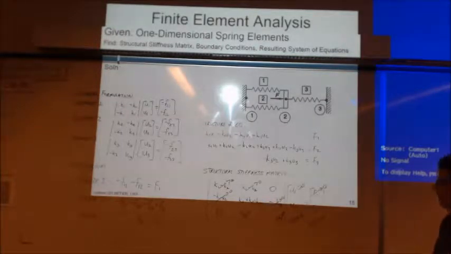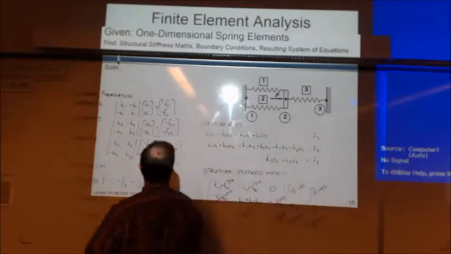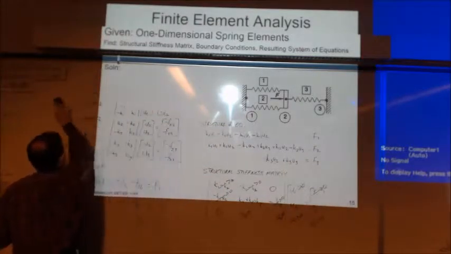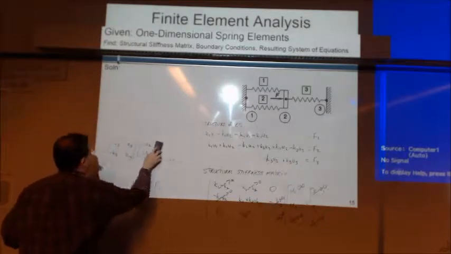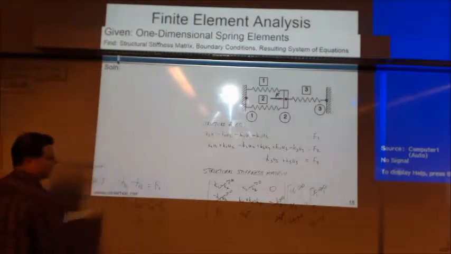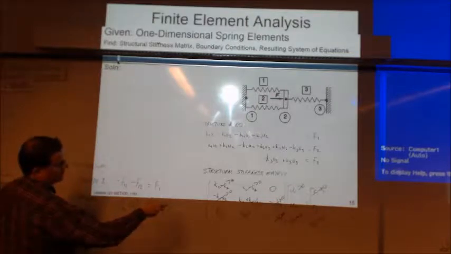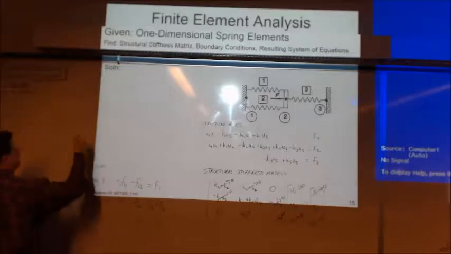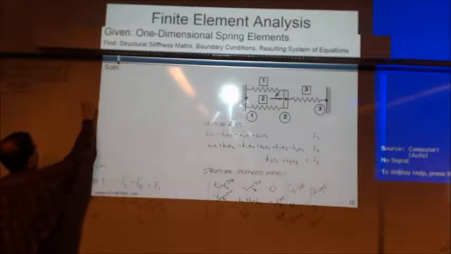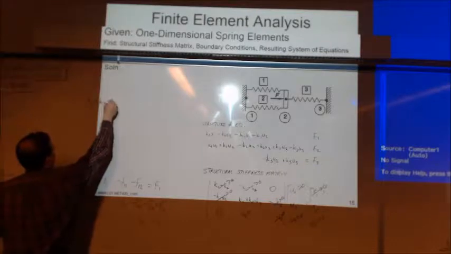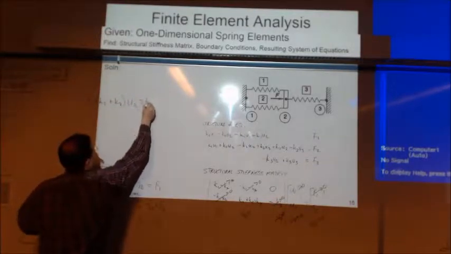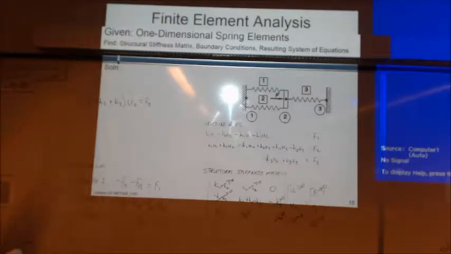Okay, so what are we left with? I think we can erase this. So what do we got? K1 plus K2 plus K3 times U equals F2, right? So that should be it.